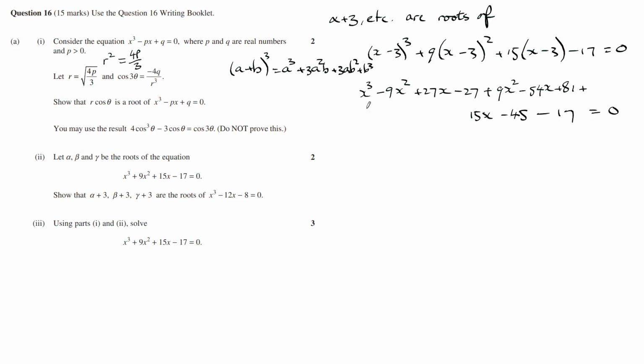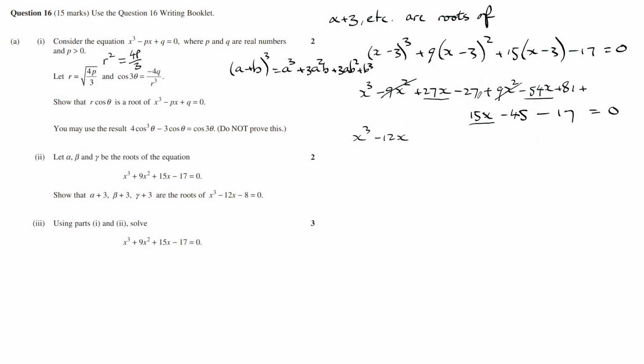Okay, and then we just need to simplify that. So we've got x cubed, that cancels with that. We've got 27x minus 54x plus 15x. So that will make, that's negative 27 together, and then that makes negative 12.